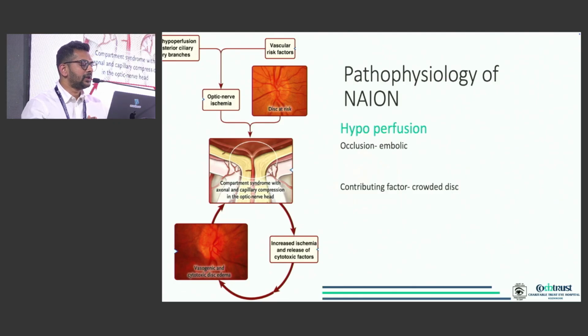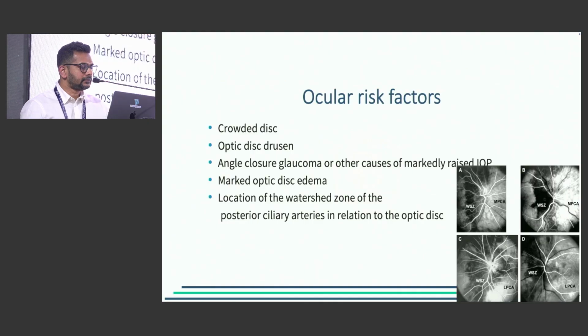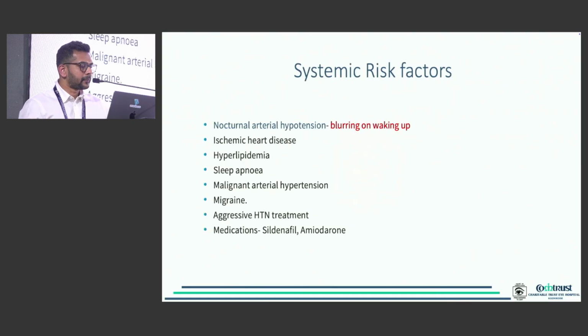The main pathophysiology is hypoperfusion, though rarely occlusion due to emboli can occur. The major risk factors are a crowded disc, optic disc drusen, angle closure glaucoma, marked optic disc edema, and also the location of the watershed zones of the posterior ciliary arteries in relation to the optic disc.